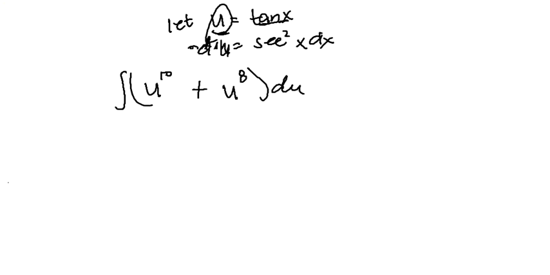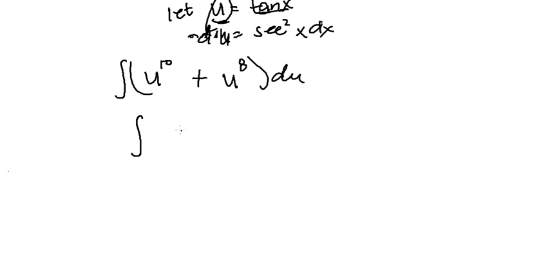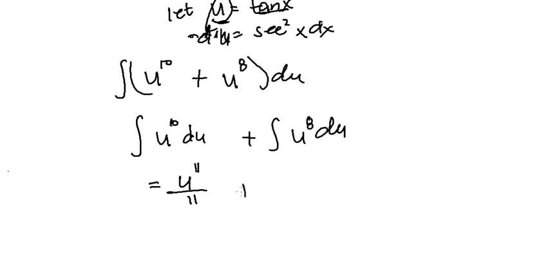Then you can distribute the du. We have the integral of u to the 10 du plus the integral of u to the 8 du. Then using the power formula, we have u to the 11 over 11 plus u to the 9 over 9 plus c.